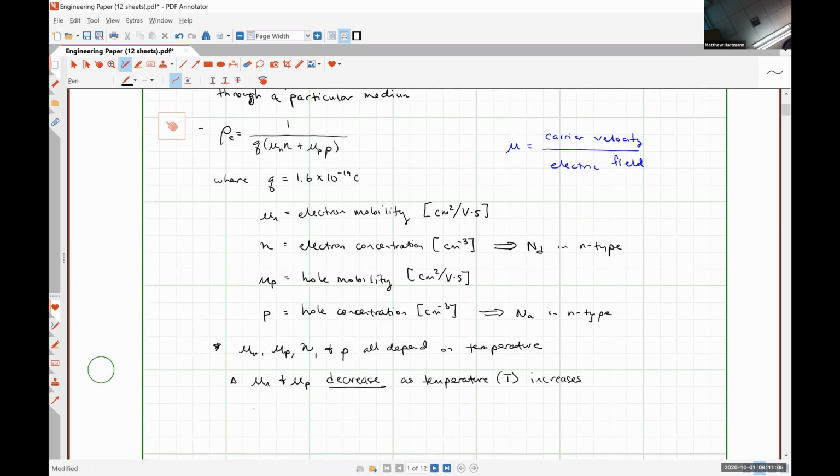There are more lattice vibrations at higher temperatures, which lead to more scattering events.